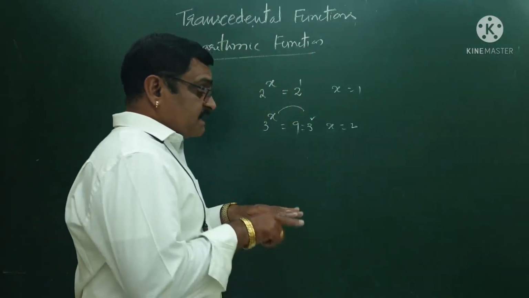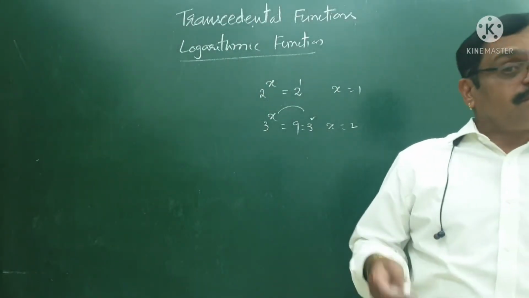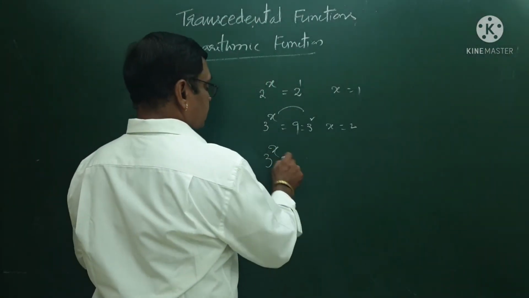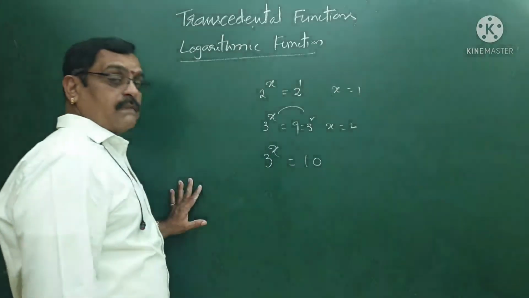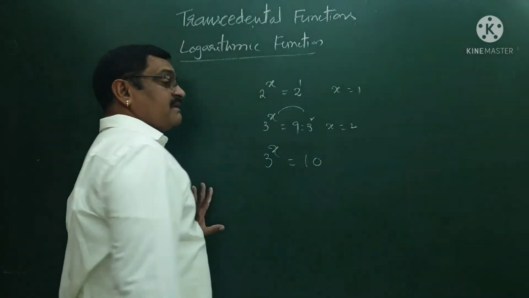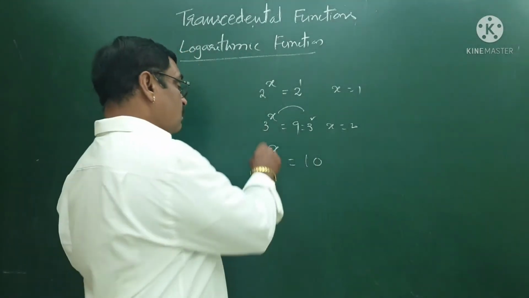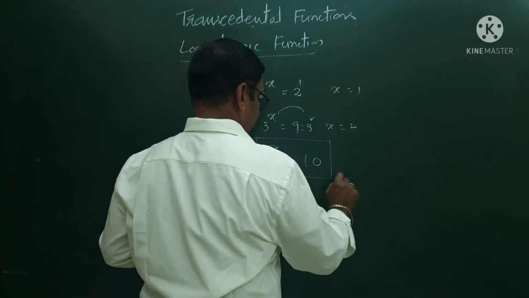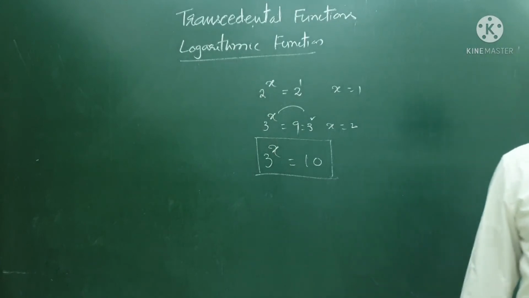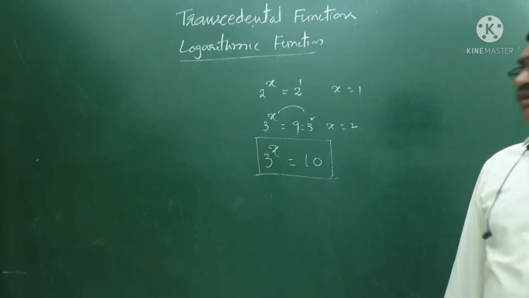Now equating the bases may not be possible in all cases. For example, I have 3 power x is equal to 10. You cannot write 10 with the base of 3. You cannot. So to solve these types of equations, we take the help of logarithms. So logarithms are tools to solve exponential equations. So how do you write it down?